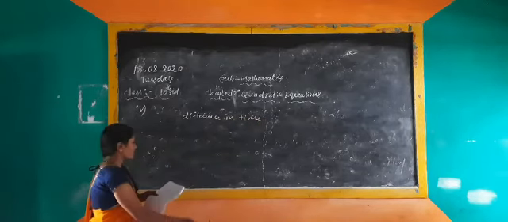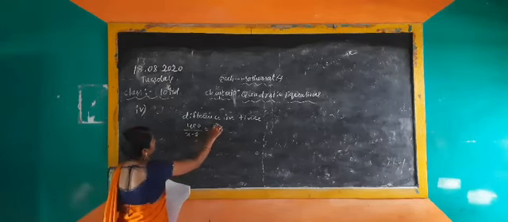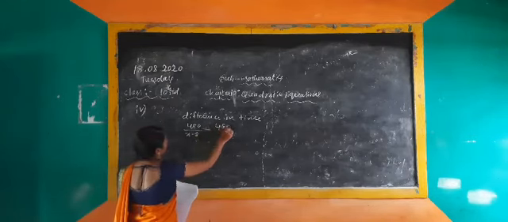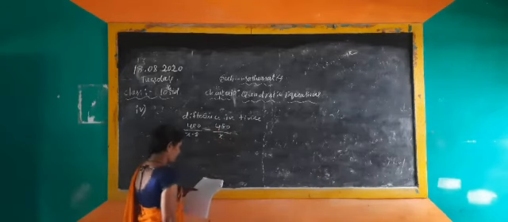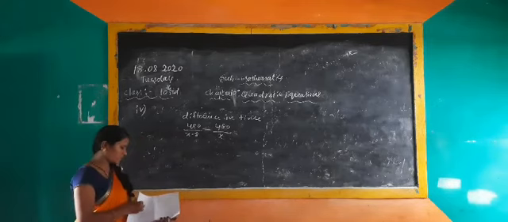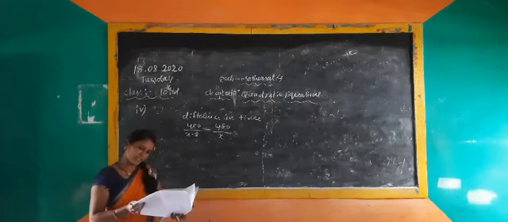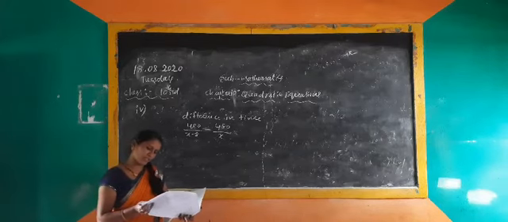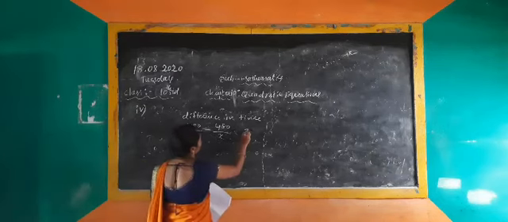What is the difference? 480 divided by x minus 8 is equal to, minus 480. Difference means minus, 480 by x here, is equal to 3. Why? Because here it would have taken 3 hours more to cover the same distance. That's why here you have to take 3.